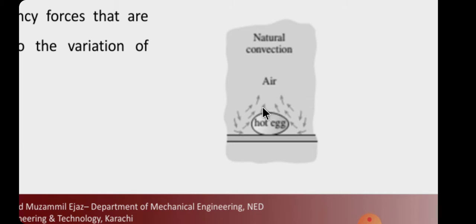Due to the density difference, the hot air goes above, and to fill the gap, lower temperature air fills it, then it also becomes hot and goes above. So a natural flow starts naturally. There is no external motion pushing that air; naturally the air is moving from downward to upward.